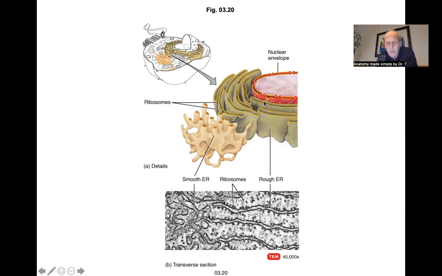The rough part is found in the form of concentrated little flattened sacs that surround the entire nucleus. And then after ribosomes have populated its surface, the rest of it, which we can see more peripherally located in a cell, becomes the smooth endoplasmic reticulum. Clearly, smoothness comes from the lack of ribosomes on its surface.